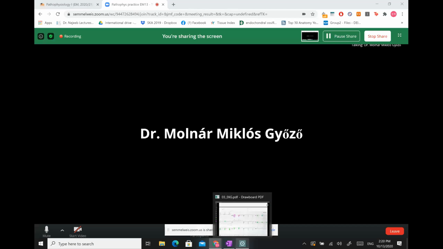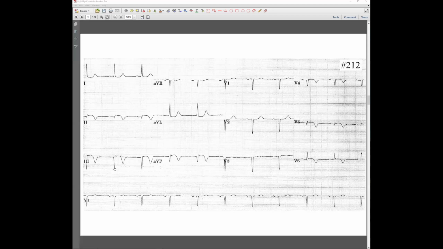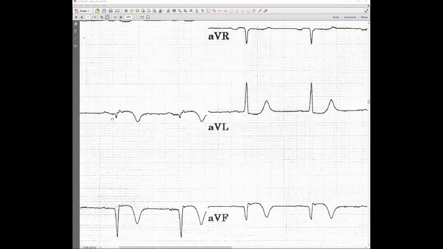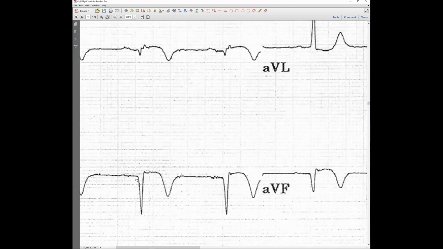In the 2, 3, and AVF, how can you know if it's a pathological Q and it's not the S? Okay, so wait a minute, I'm going to share it. Okay, so lead number 2 and lead number 3.